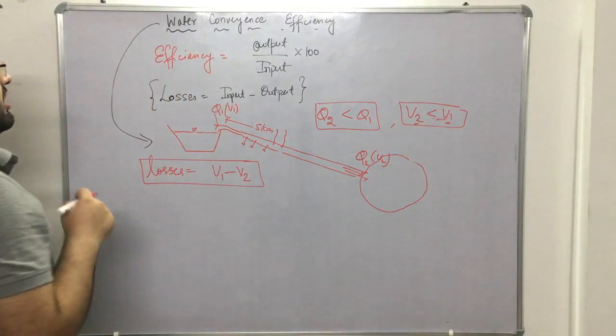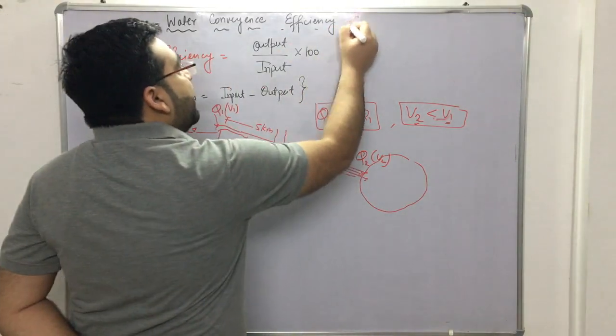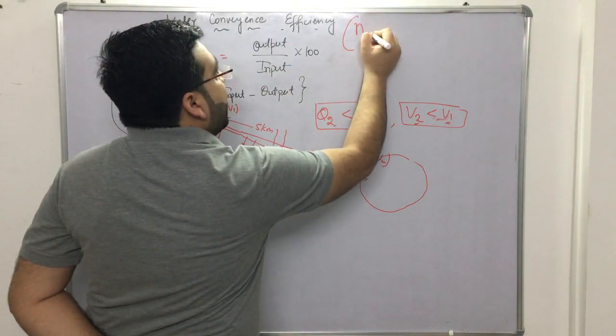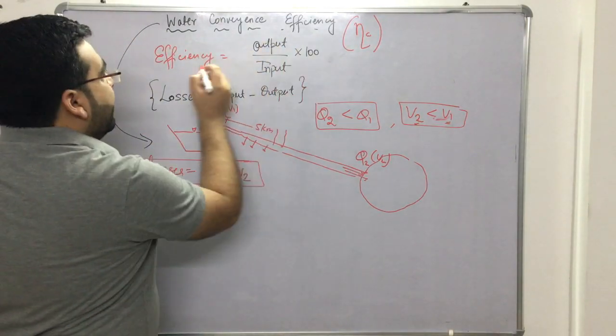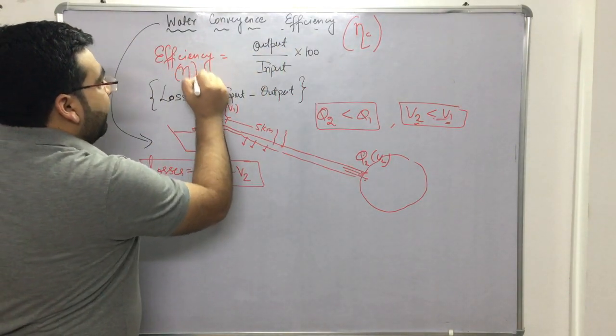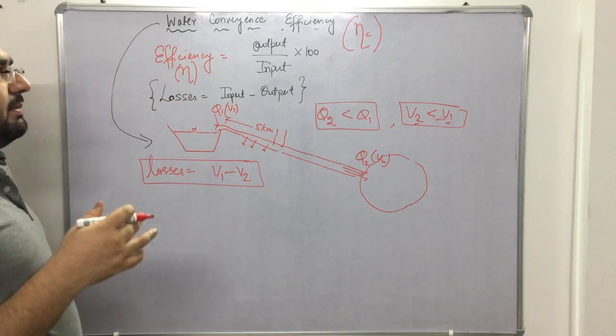Now what is water conveyance efficiency? It is denoted by eta C. C means conveyance, and eta is the symbol for efficiency. Some people say neta, some people say eta.